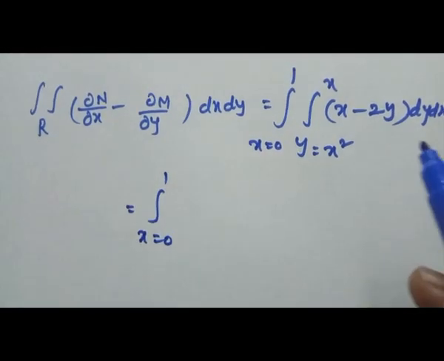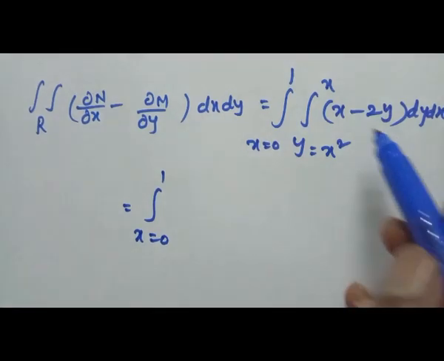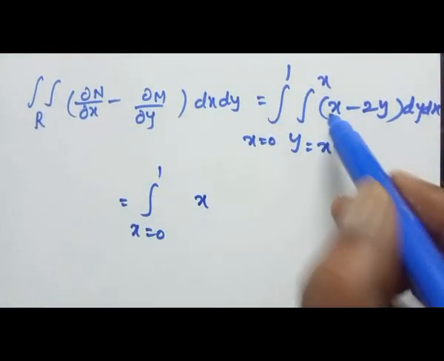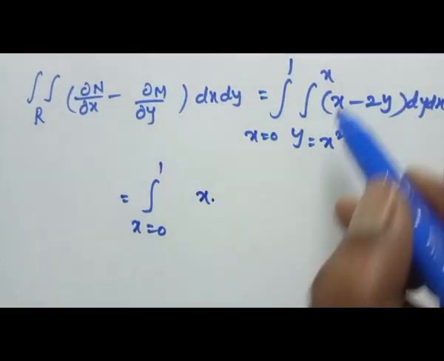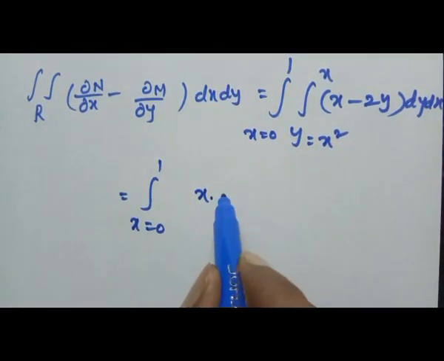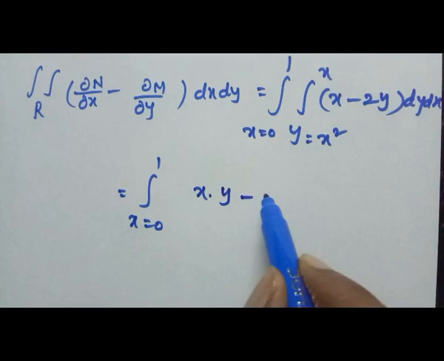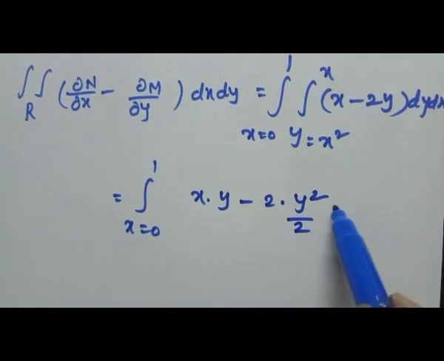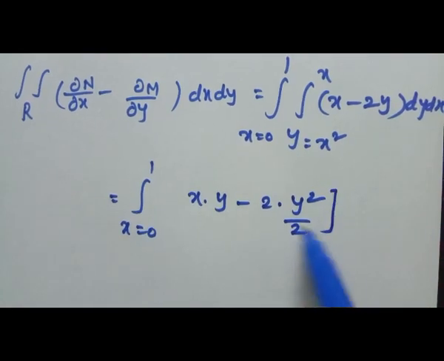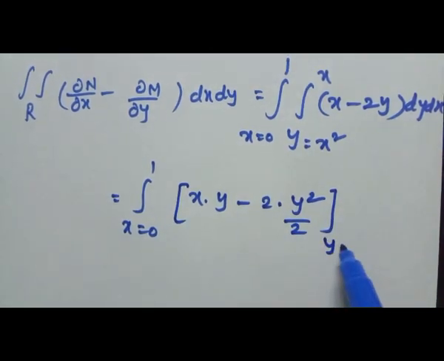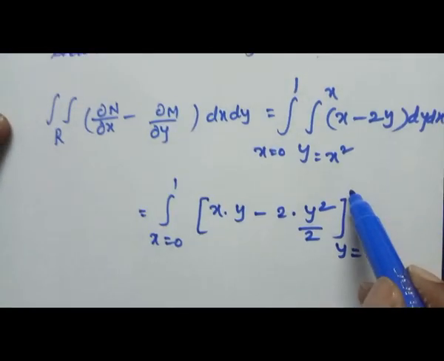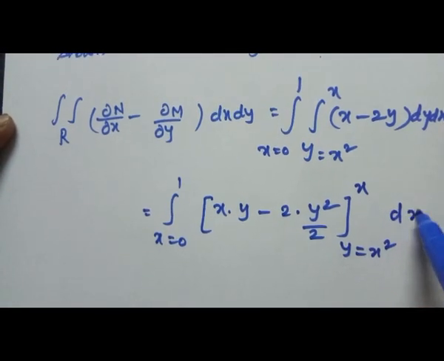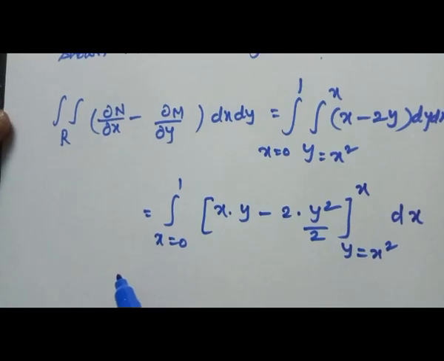Now integrating with respect to y keeping x as constant, we get x times y minus 2 times y square by 2, with the lower limit x square and the upper limit x, and then we integrate the resultant function with respect to x.